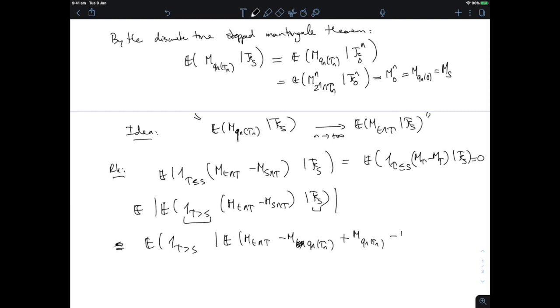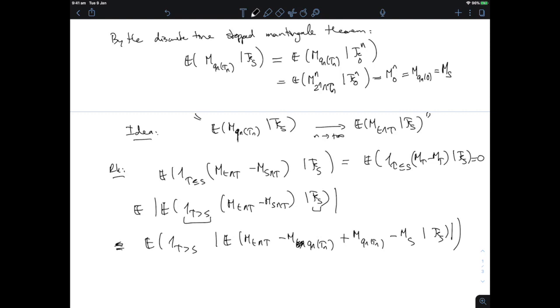And then minus M_{s minimum tau}, but I'm looking at only those omega where tau is greater than s, so the minimum of s and tau has to be s. I'm just adding 0 here and rewriting things in a simpler way using the information that I've got. So this is what I need to show is equal to 0.